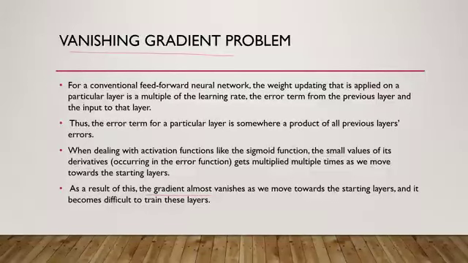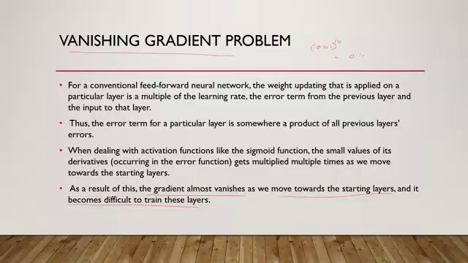Here the gradient almost vanishes as we move towards the starting layers, and it becomes difficult to train these layers. From the last layer till the beginning, when the backpropagation process works, by the time it reaches the starting layers the gradient has almost vanished. For example, let's suppose I put 0.01 raised to the power 10.